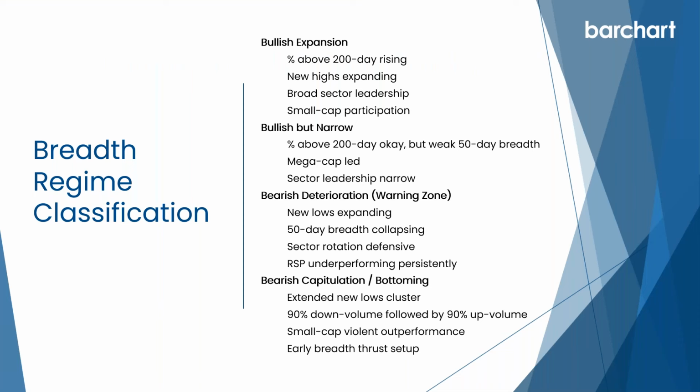That is a very good sign that you've probably put in a near-term bottom. Small caps tend to outperform very strongly at one of these capitulation bottoms, and look for those breadth thrust conditions that I showed you.